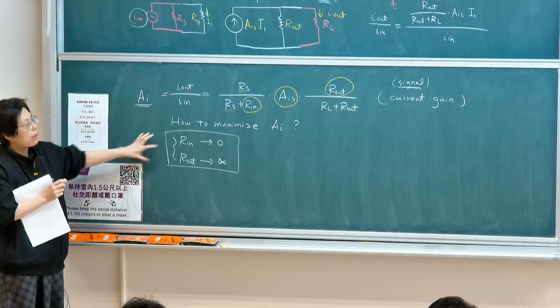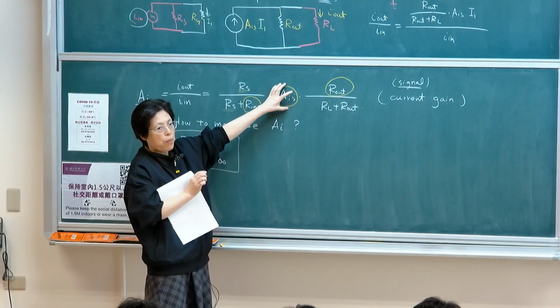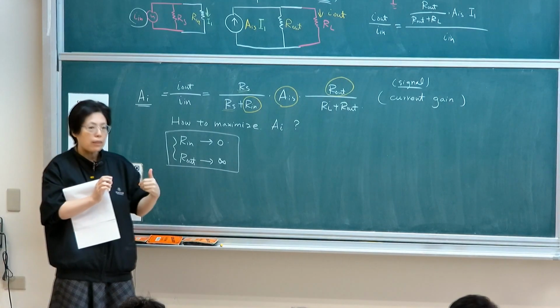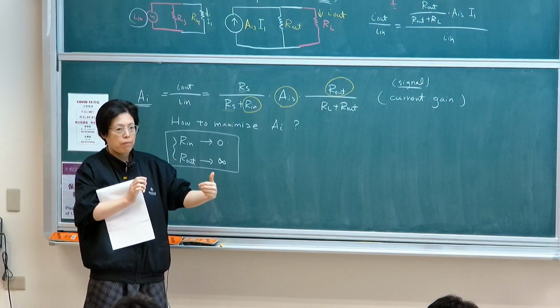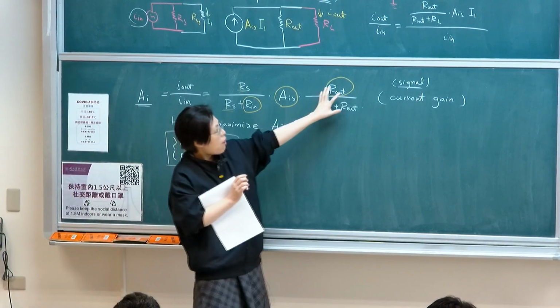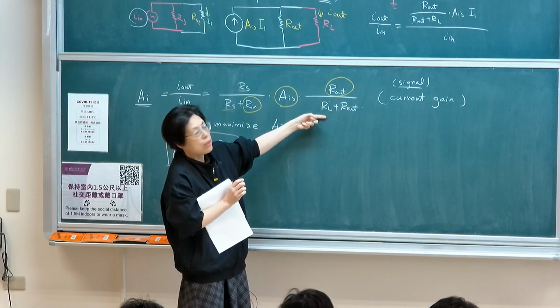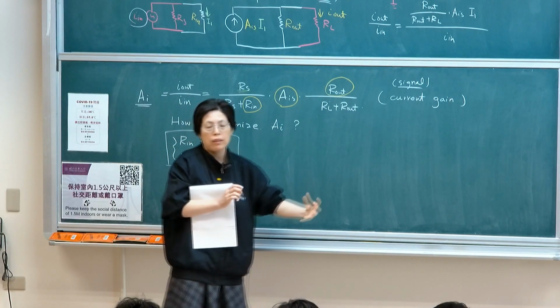So to create a good current buffer, gain is not necessarily the most important thing. What you actually want is that it's independent of your source condition and loading condition. So if RL is infinite, it doesn't really matter what my loading resistance is, it will always deliver 100% of my current.